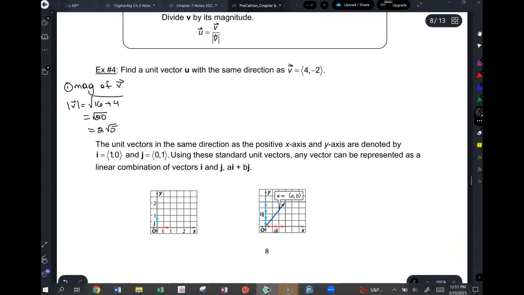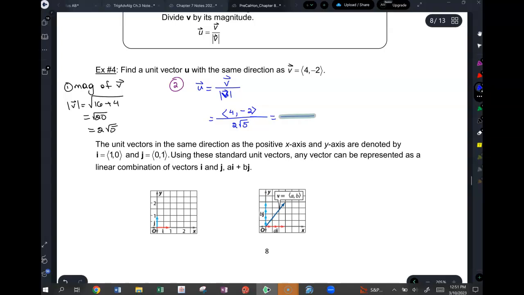Now, to find the unit vector, I gotta do vector v divided by magnitude of v. So that's going to be vector v, 4 comma negative 2, over 2 root 5.